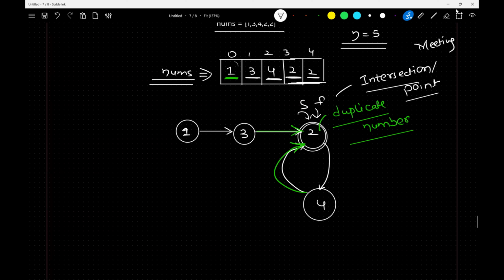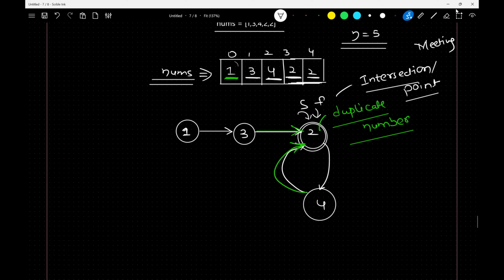Yes, Prajwal. Can you please repeat this diagram? I was confused. So at 0 index, we have the value 1. Whatever element is given to you, go to that index number. Go to index number 1. What is the next value? 3.